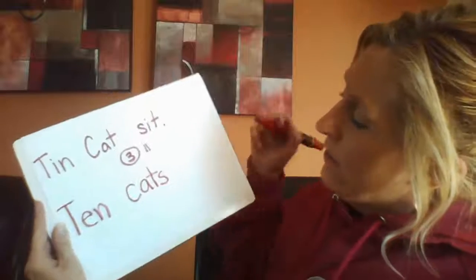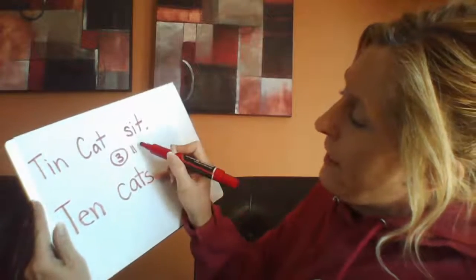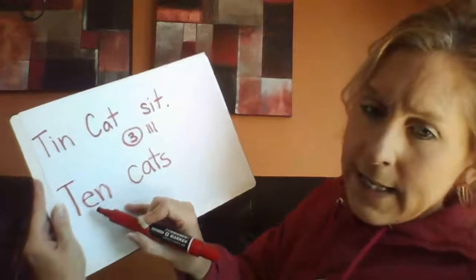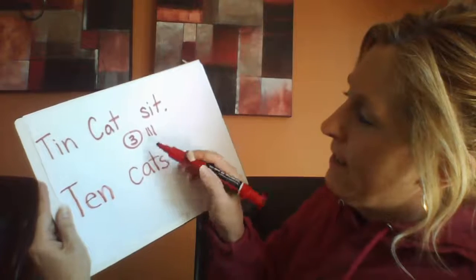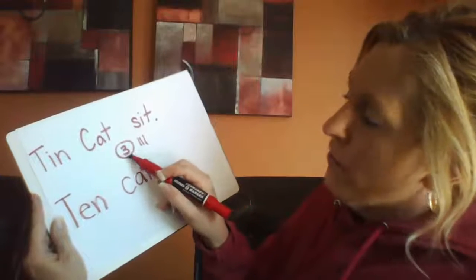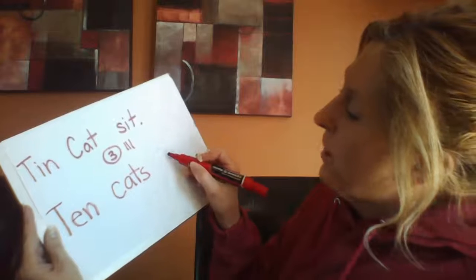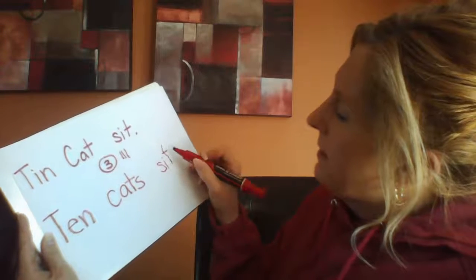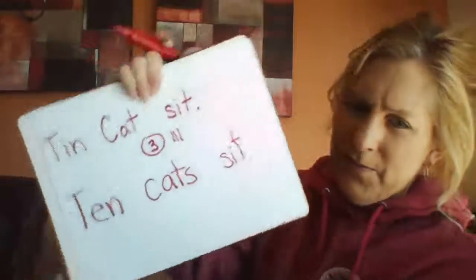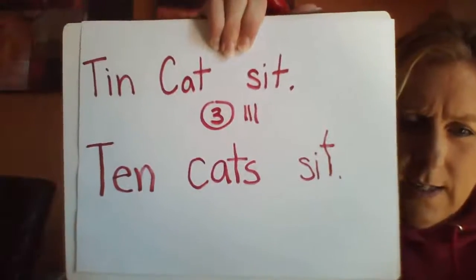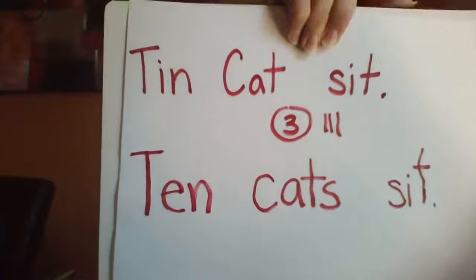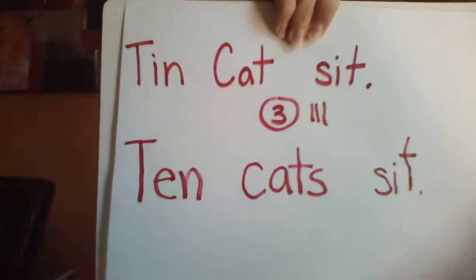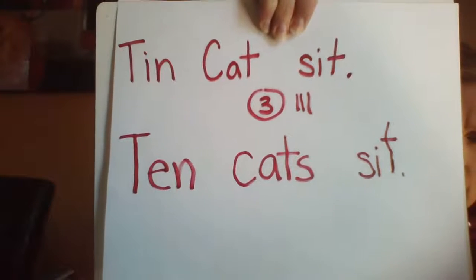So that was what was wrong, is it was missing an S. 10 cats sit. Well, we already have our 3, right? That's the correct way of spelling sit. And it has a period. So there's your correct sentence that says 10 cats sit. Okay, if you need to pause it to correct it, go ahead.